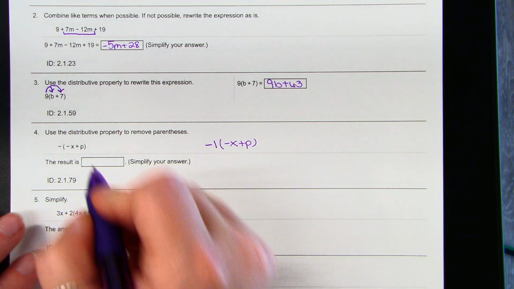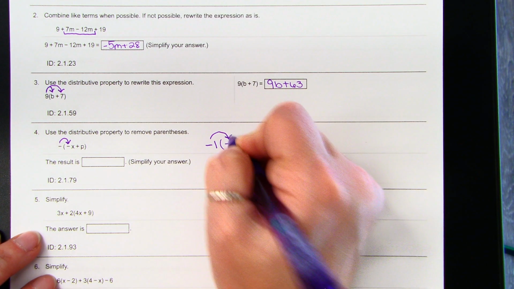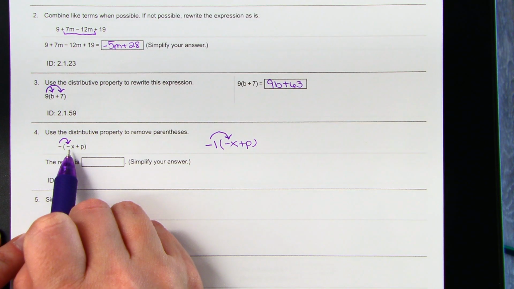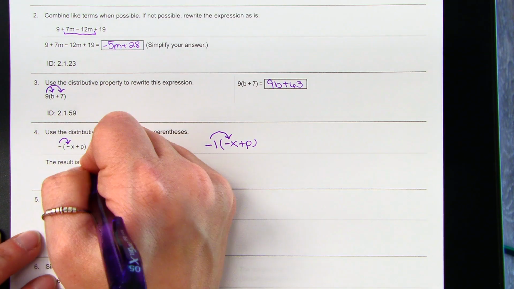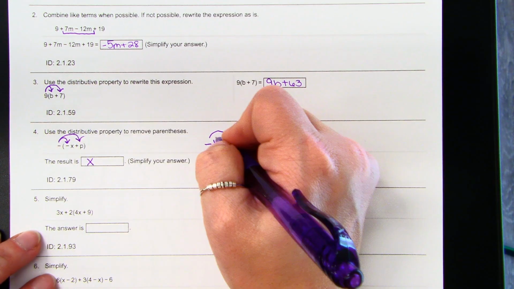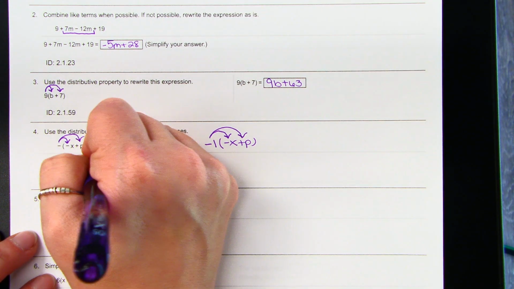So either way, you're going to distribute that negative or the negative 1, depending on which way you like to think of it. But a negative times a negative produces a positive, meaning you're going to end up with a positive x. That negative or negative 1 applies to that positive p as well. Negative times positive will give you a negative, and then you'll just have a p.